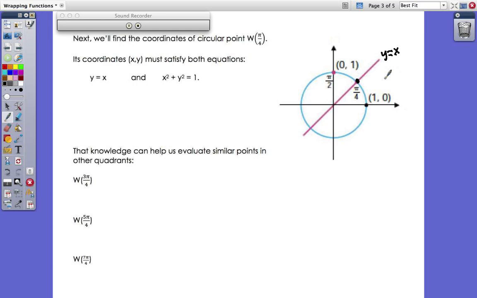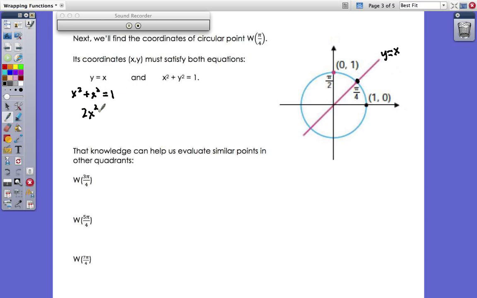So if it's on the line y equals x, and it also must fit x squared plus y squared equals 1 because it's on the unit circle, I can just solve this system by subbing in x for y. So I would then get x squared plus x squared equals 1. And x squared plus x squared is 2x squared.